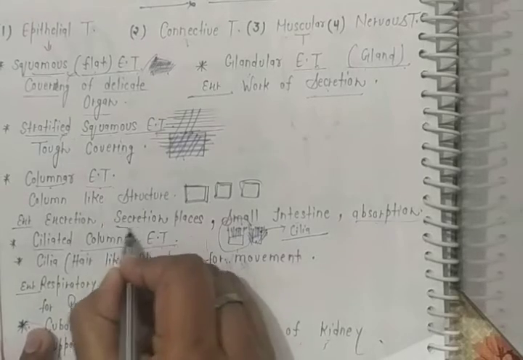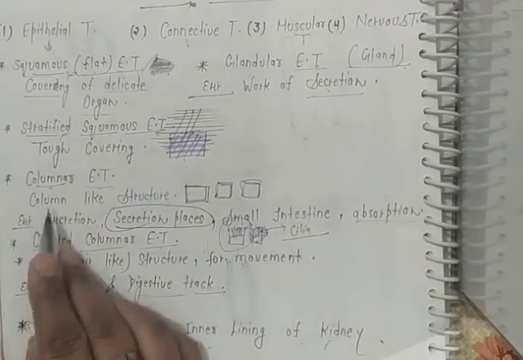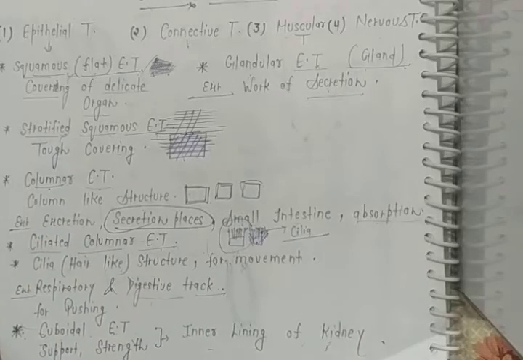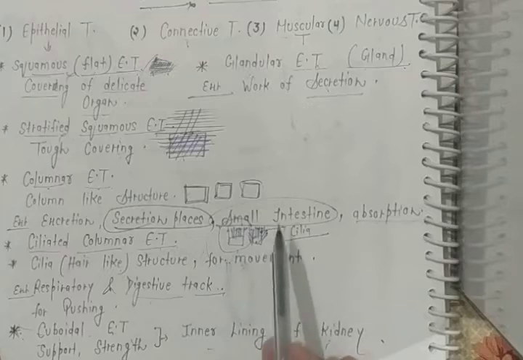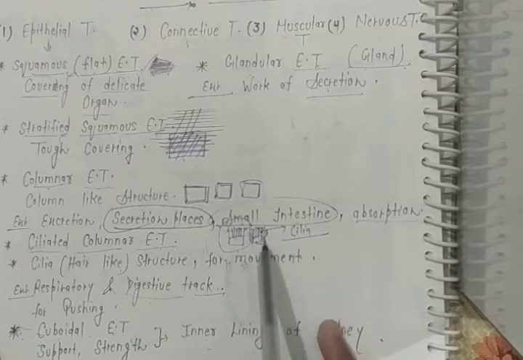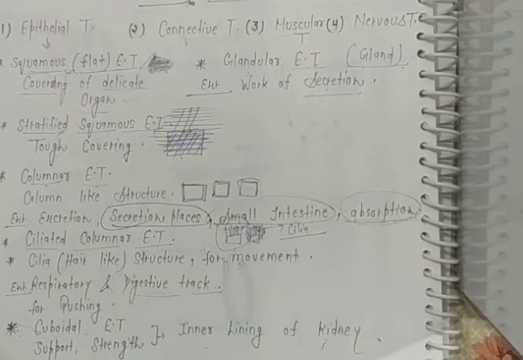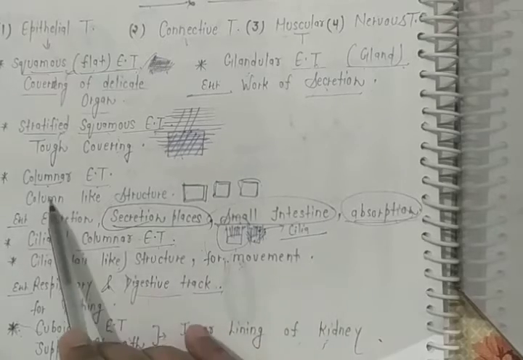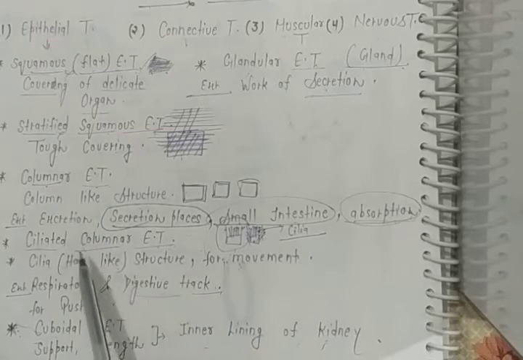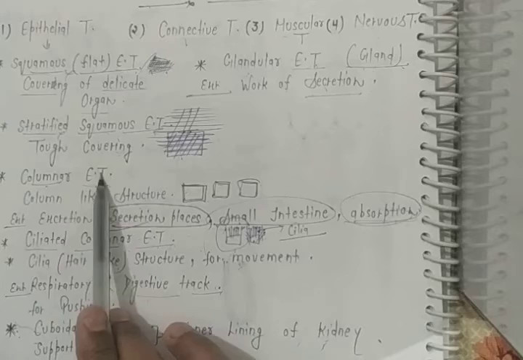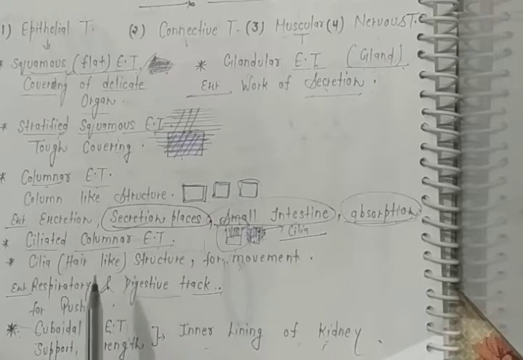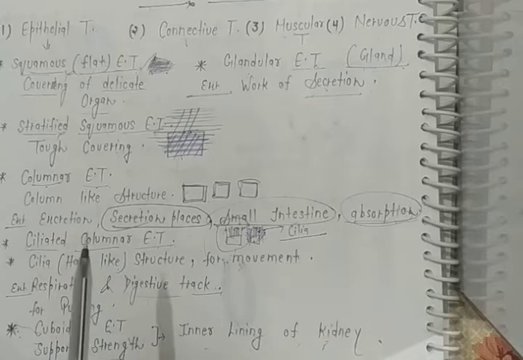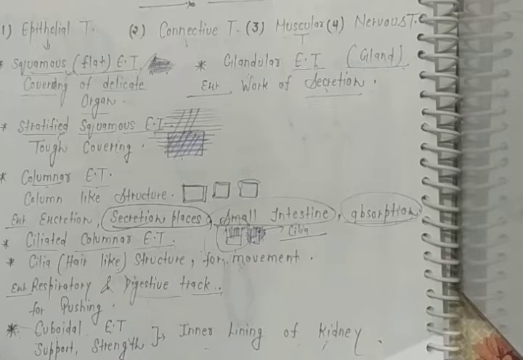So at places where secretion occurs, columnar epithelial tissue will be present, and also in the small intestine, which does absorption work. At places of absorption, columnar epithelial tissue will be present, and it is the third type of epithelial tissue. Don't try to get confused. Be clear with every point, with every subtype of animal tissue.